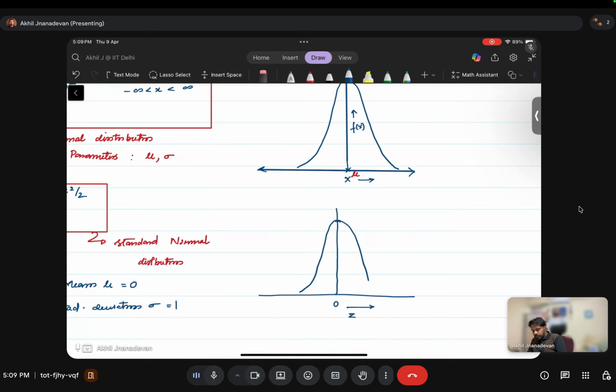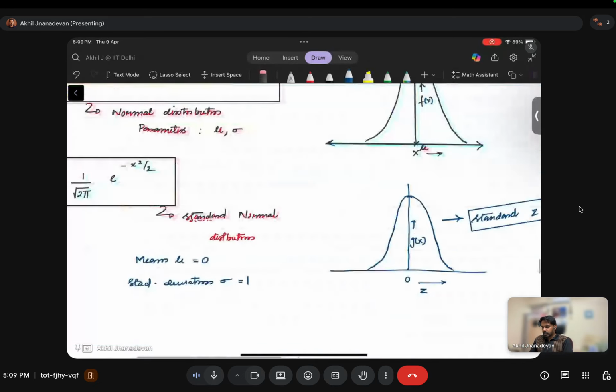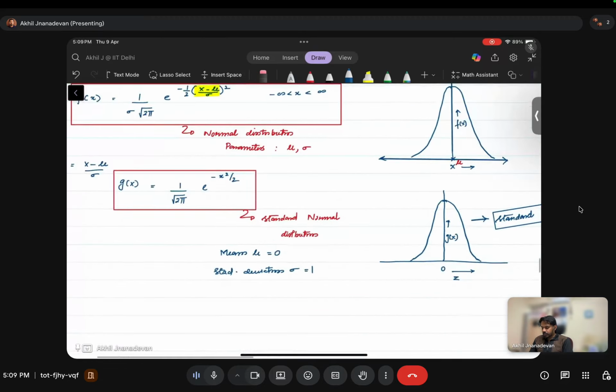For this particular curve, for different z values, this is a standard curve and standard tables are available. It is g of x. So we can take these curve values from the standard tables.